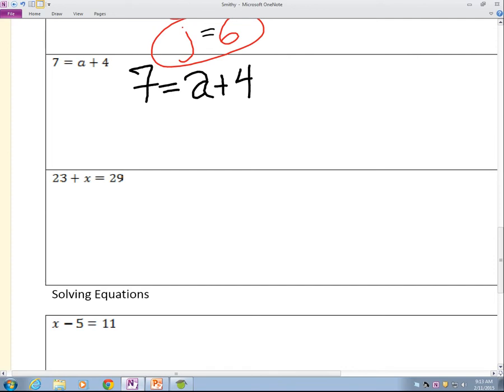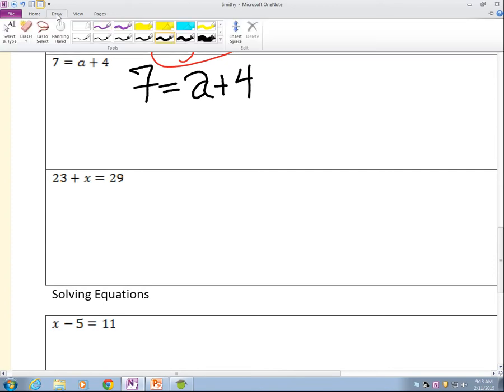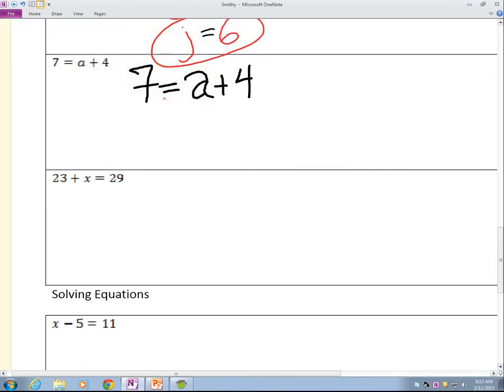Yes. 4 is being added to it. Correct. 4 is being added to it. So we have to undo what's being done to the variable. In order to get plus 4 to go away, what do we need to do, Emily? Subtract 4.